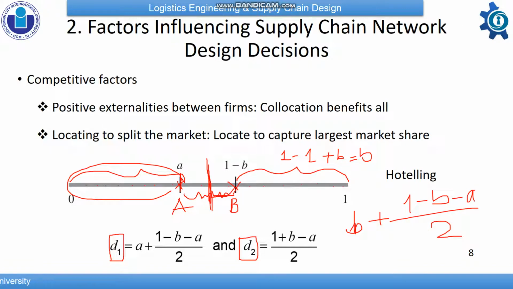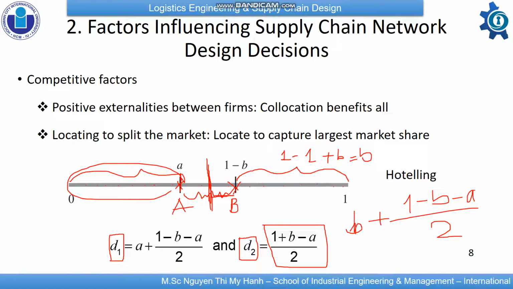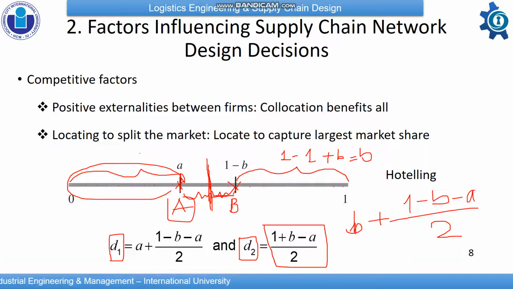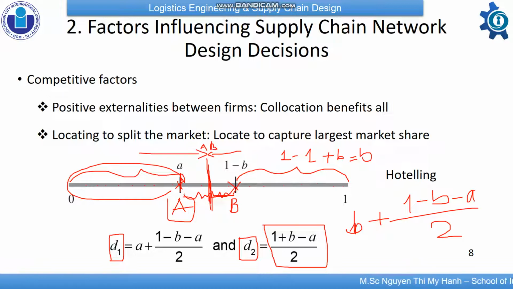So the total demand that company B serves is (1 plus B minus A) divided by 2. So the companies tend to move near each other, next to each other, here A and here B, so that they can maximize their market share.